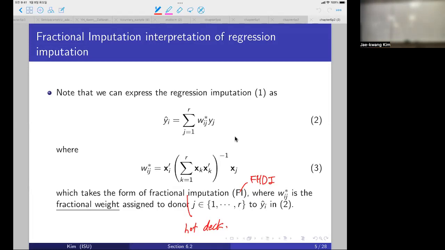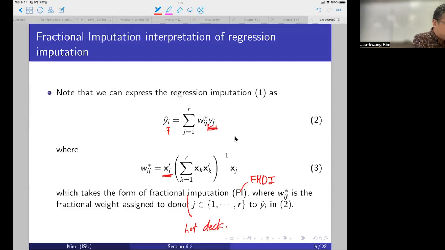But the interesting part is the fractional weight, w_ij. Basically, we are interested in imputing unit i, so we use x_i. But for y_j, we have others, who are actually not the same person, a different one.